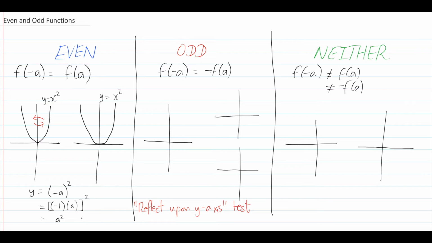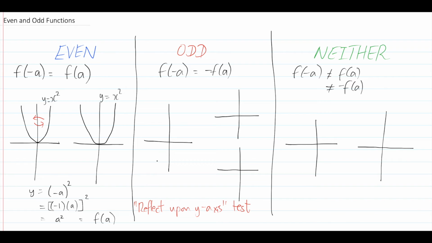Well, a squared is essentially the same as subbing in f(a) into your graph. So f(negative a) still gets you f(a), therefore this function, algebraically and graphically, we can all see is an even type function.